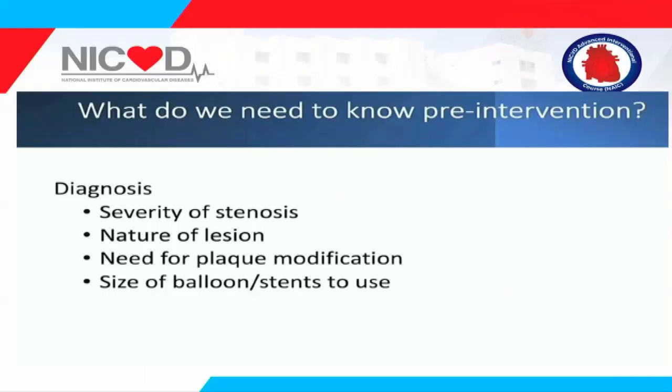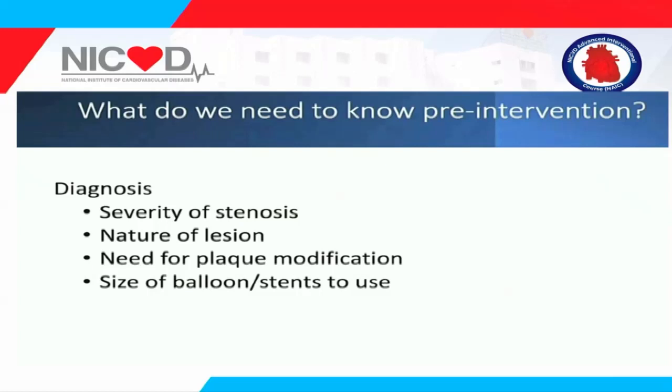So what do we see in IVUS when we go for imaging? When we are going for the diagnostic purpose, we look for the severity of the stenosis and the nature of the lesion, whether it is a calcified lesion, lipidic, fibrocalcific, or fibrotic. On the basis of the results, we plan whether we should go for plaque modification. In calcified lesions, we take the help of rotablation and lithotripsy catheters.